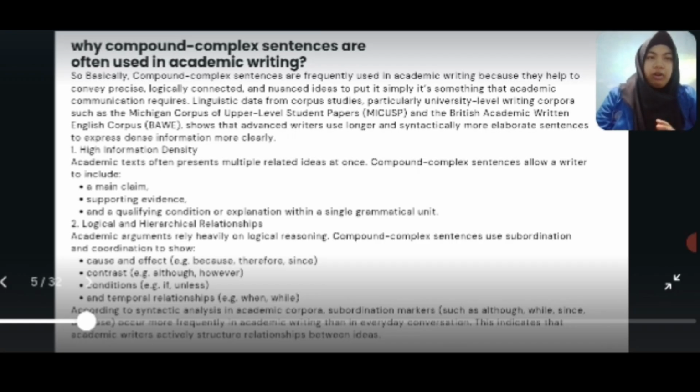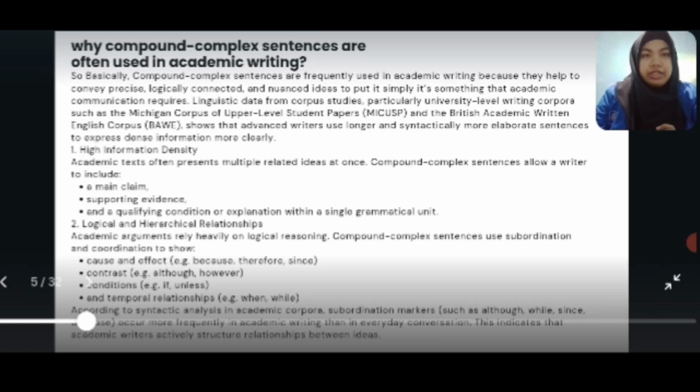Linguistic data from corpus studies, particularly university-level writing corpora, such as the Michigan Corpus of Upper-Level Student Papers (MICUSP) and the British Academic Written English Corpus (BAWE), shows that advanced writers use longer and syntactically more elaborate sentences to express dense information more clearly.